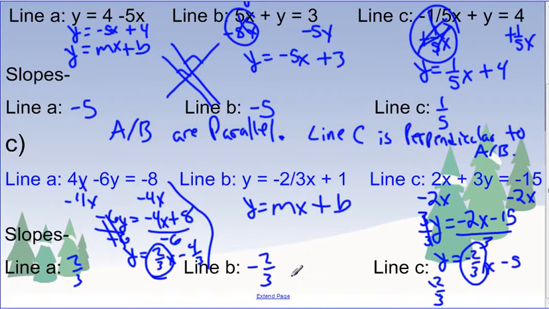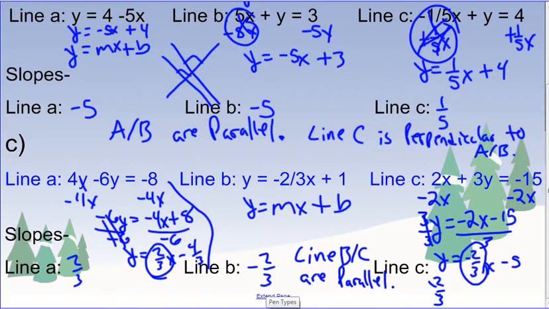So we could say line B and C are parallel. And this is not the opposite reciprocal. They are opposites because this is positive and those two are negative, but it's not the reciprocal. The reciprocal would be 3/2. So it's just those two are parallel, and that's it.